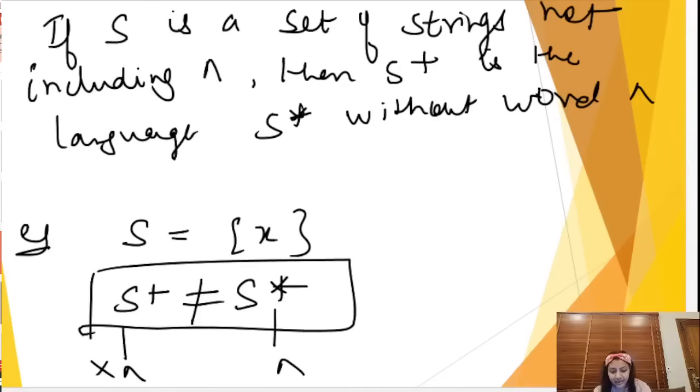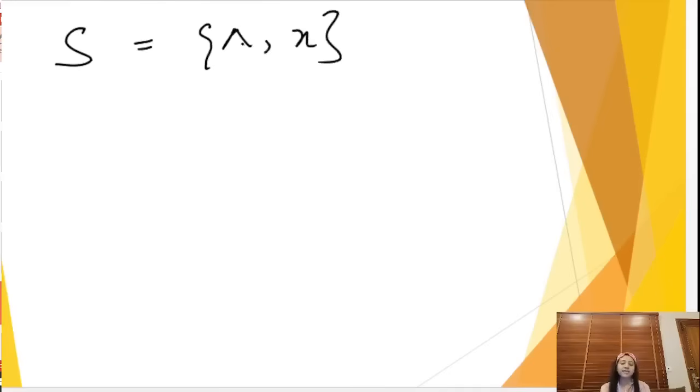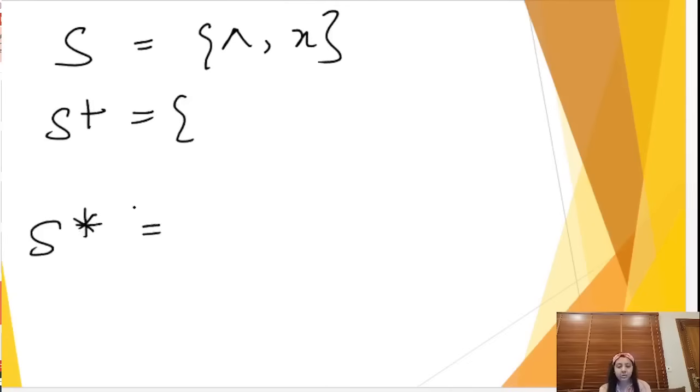But let's say my set S, which is a language, contains only the word lambda. Now if I calculate S plus of this, what will it be? Whenever we calculate either S plus or S star, first we include all those symbols which are part of my alphabet, and then we start the concatenation of all the strings in my alphabet.